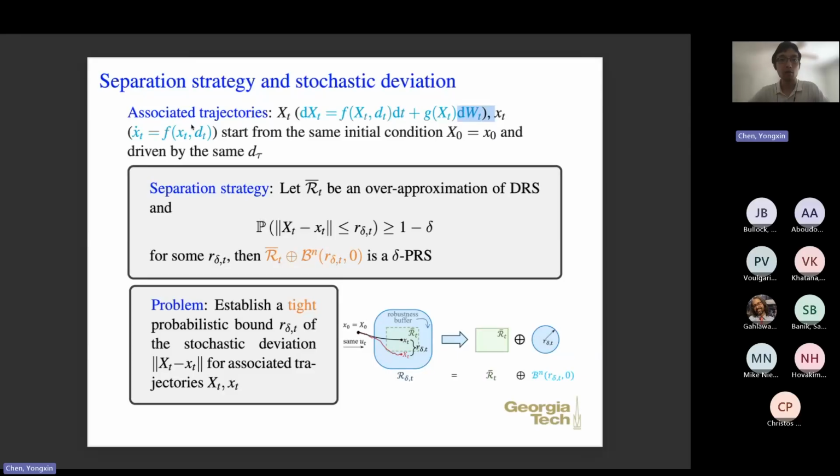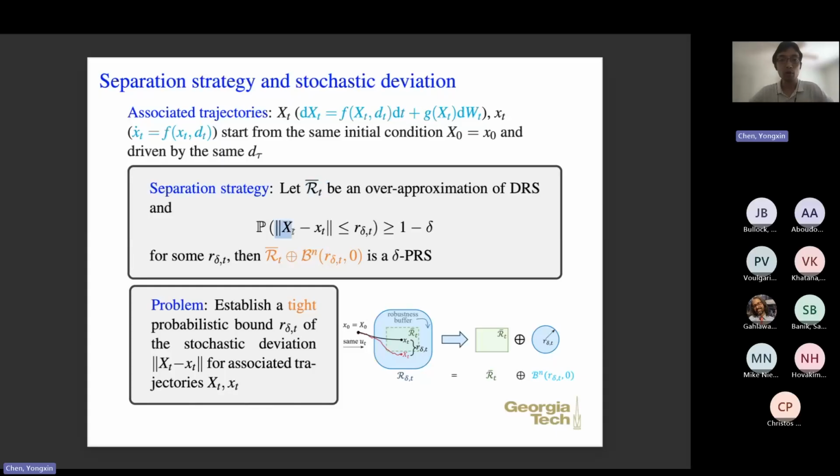We call this type of trajectory pair between the stochastic system and the deterministic system coupled, because they are associated trajectories that are very close to each other. Based on this intuition, we develop this separation strategy. Now you have a deterministic system, and you use certain algorithms to compute its reachable set, where many methods are already available.